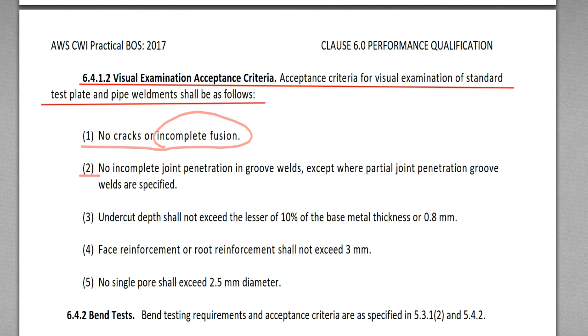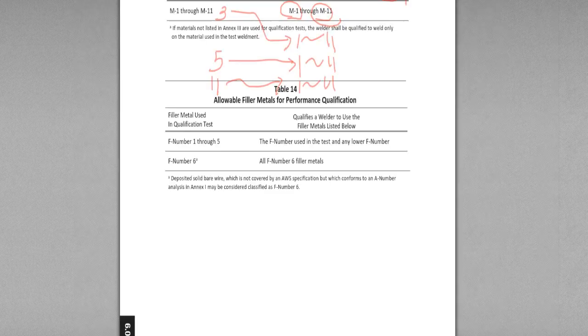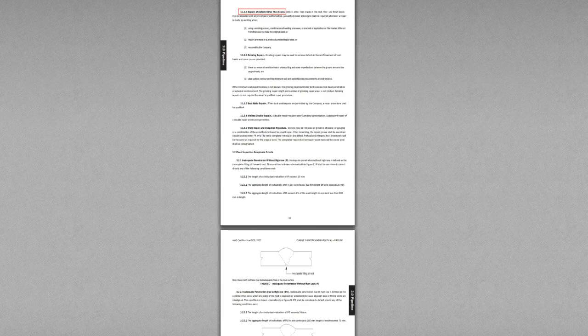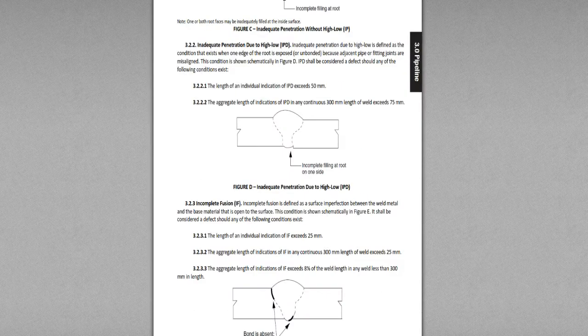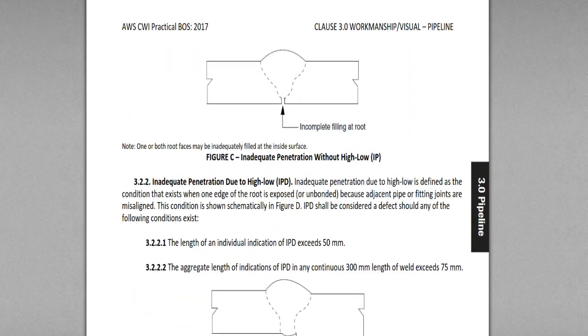Number 2 is no incomplete joint penetration in groove welds except where partial joint penetration groove welds are specified. So no incomplete joint penetration. Incomplete joint penetration, I'm gonna show you these schematic pictures. Inadequate penetration without high-low is something like this configuration, and I'm gonna show you the RT.